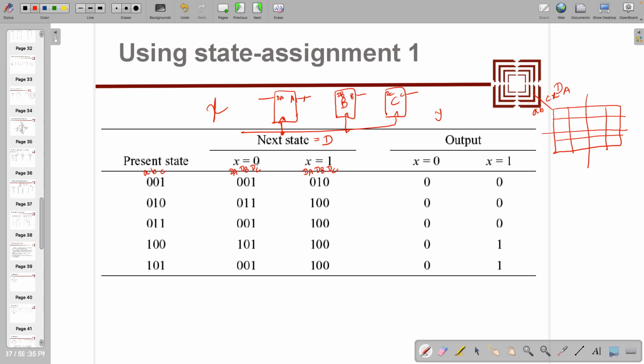So 0, 0, 1, 0 is going to give you output as 0, right? Because the next state is equal to actually the value, right?